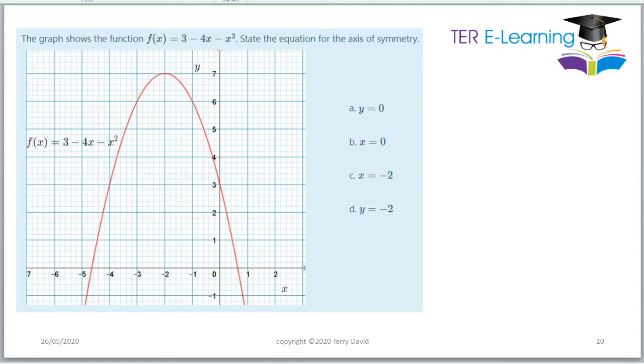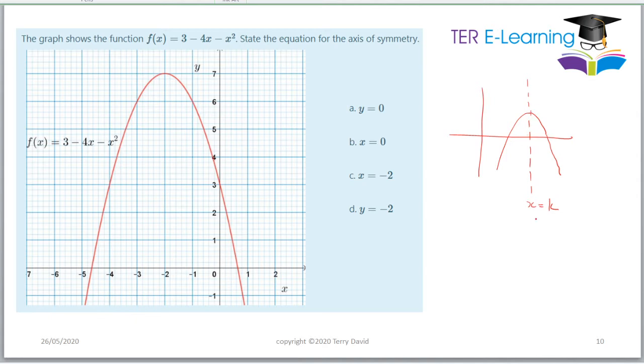Now remember, your axis of symmetry is that vertical line that divides your graph into two equal parts. So if you had something like this, right? Let's draw any graph. If I had a graph like this, remember a quadratic curve, it's symmetrical about this line here. This line here, x equal to some number, right?